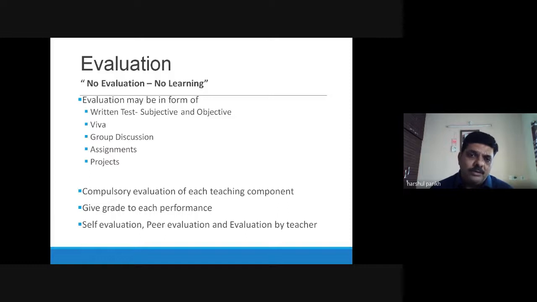So for evaluation, generally we employ written tests, subjective or objective. We take oral questions like a viva. We allow students group discussion, and we are involved in the group discussion.